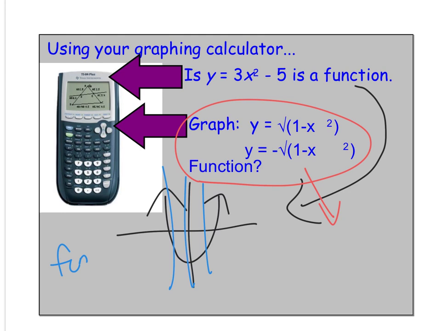Apologies, I was trickier than I should have been. So if I graph this, I end up with this and this. I end up with a circle. The problem with that is when I go to draw a vertical line, I can hit this, and I hit two places. That's my dead giveaway that it is not a function. Okay?